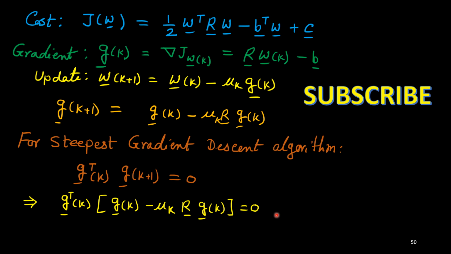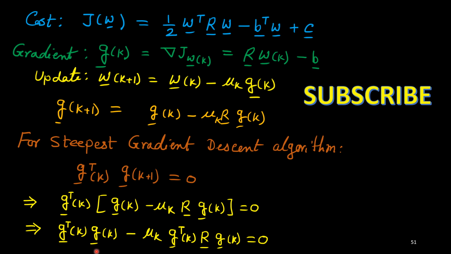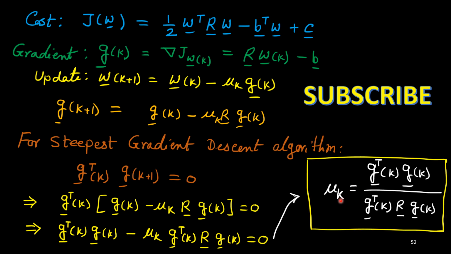So if I replace, g transpose k times gk minus mu k R gk is equal to 0. Now if I distribute this, g transpose k gk minus mu k outside, g transpose k R gk should be 0, right? So we can solve for mu k from here.